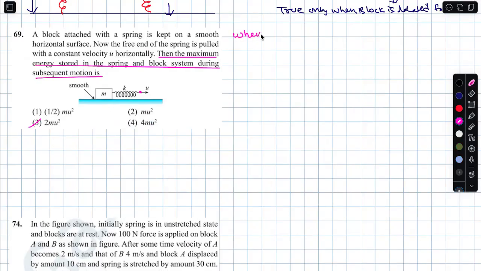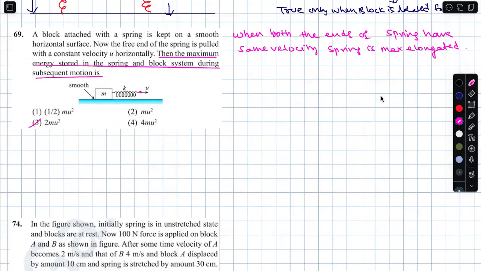When both the ends of a spring have the same velocity, the spring is maximum elongated. That is the question.